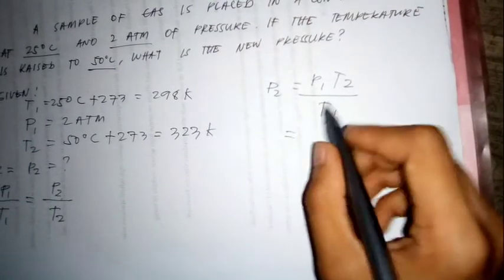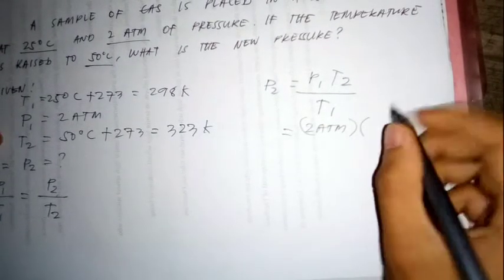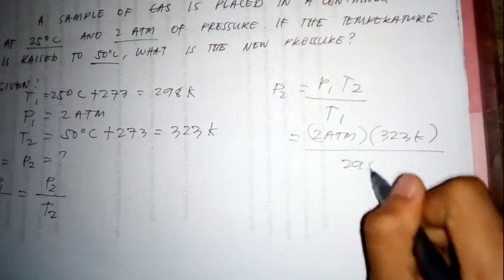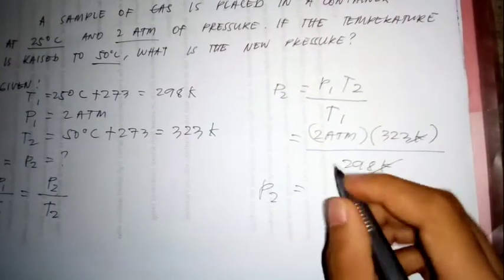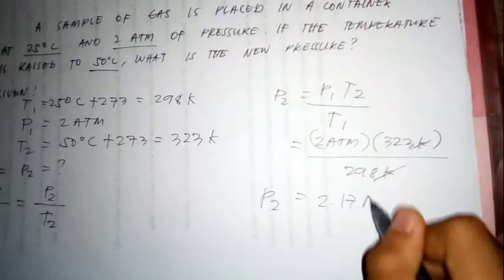So P2 is equal to 2 atm multiplied by 323 Kelvin over 298 Kelvin. So cancel the Kelvin. The final pressure is equal to 2.17 atm.